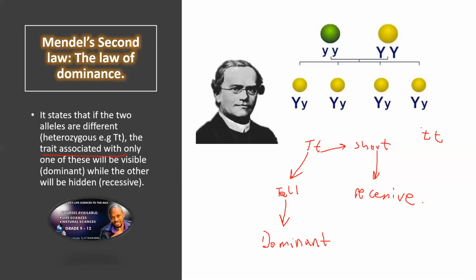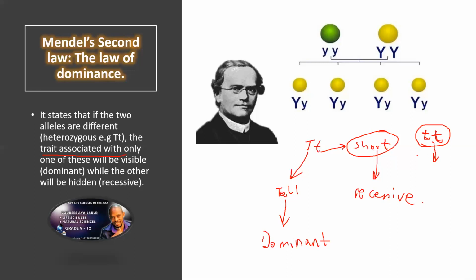Therefore, the reason why the recessive trait, shortness, reappeared was because in the second generation offspring, there was a combination of two recessive alleles, the small t's. It is this that created the only condition for a recessive trait to be expressed in the final phenotype.